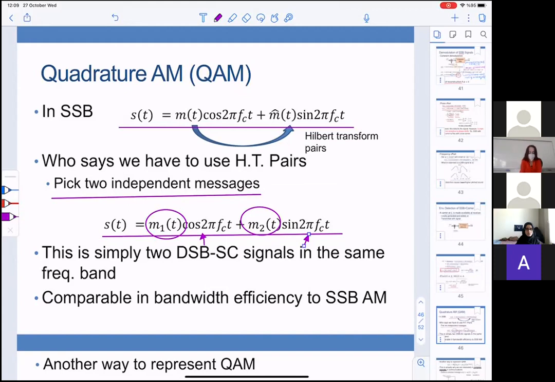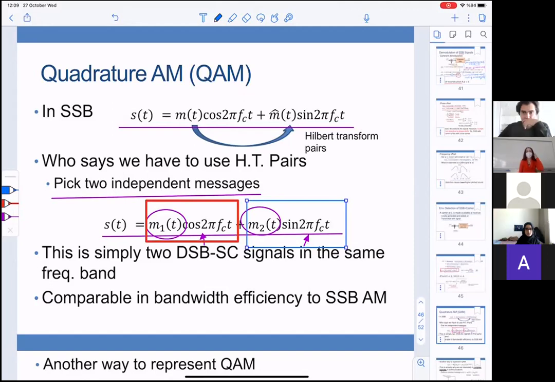Now, if you think about it, this first term, what does it look like? Double sideband suppressed carrier, right? The second term also looks like double sideband suppressed carrier. Think of the sine as a cosine that just has a phase of 90 degrees.